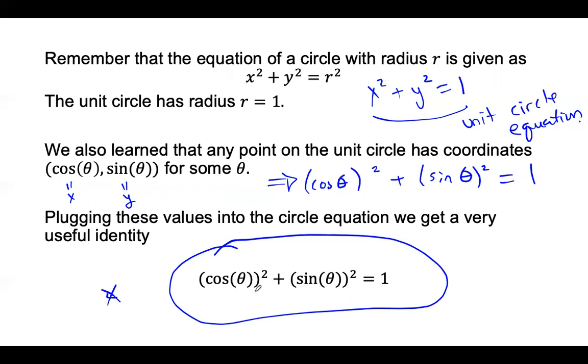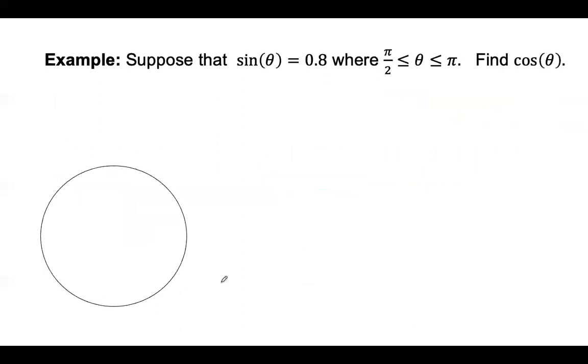So the cos of all of it squared plus sine all of it squared is equal to 1. Let's use this to solve this question, to find the cos given these assumptions.